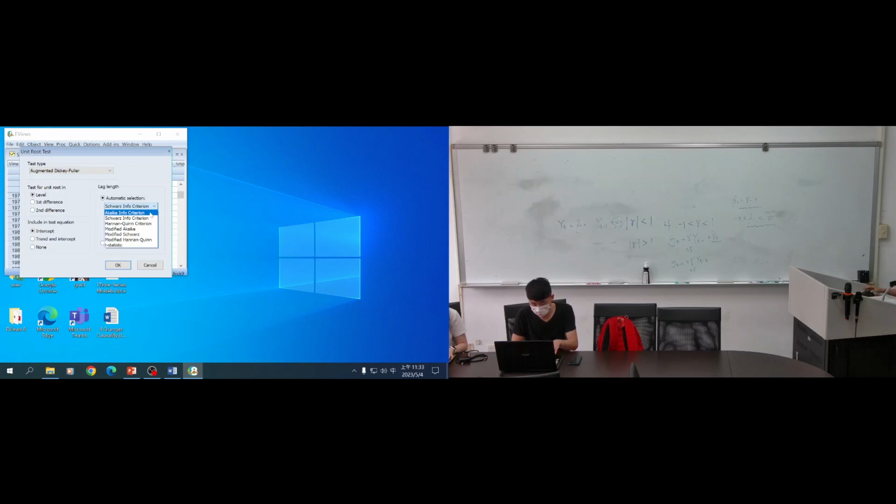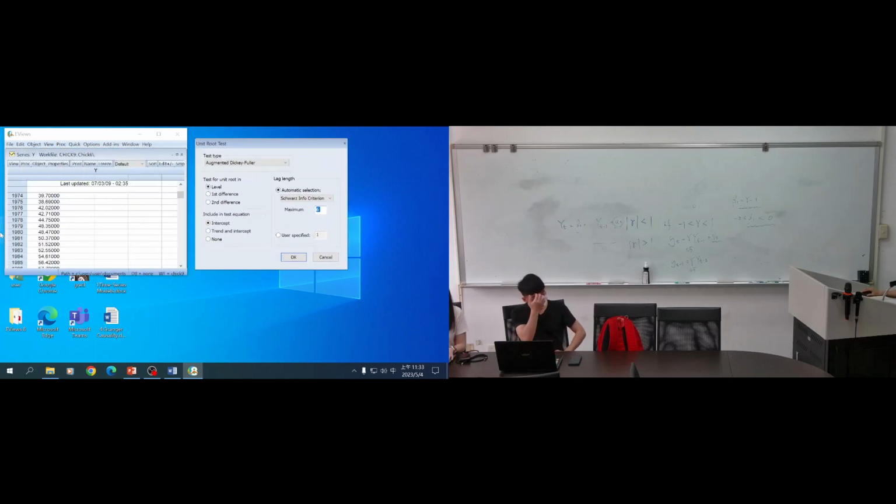If we choose Schwarz, then what's the maximum lag you have to choose? This is just trial and error. What kind of data is this? Let's see the data. That's annual data, right? This is annual data.